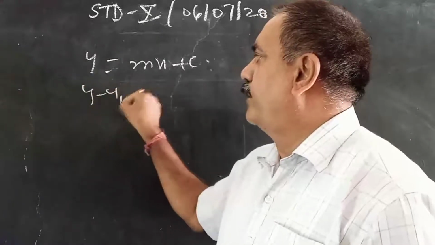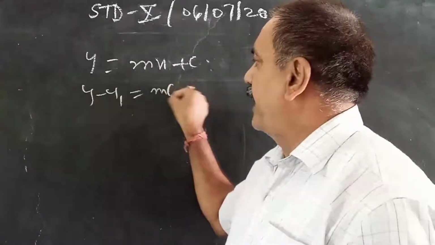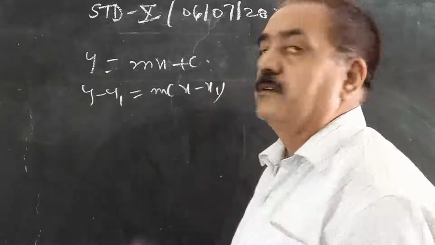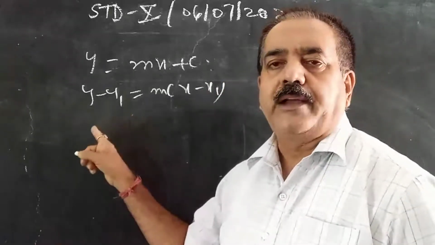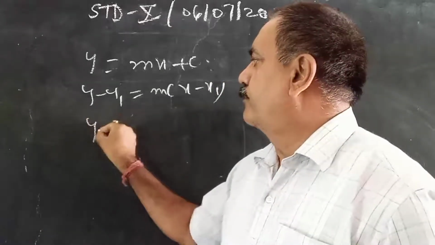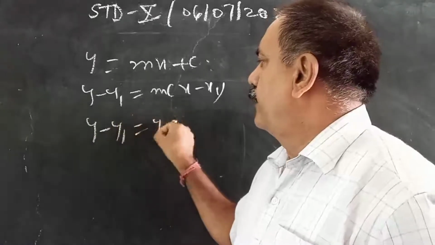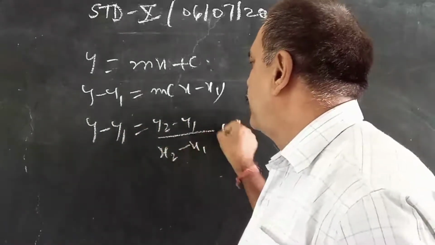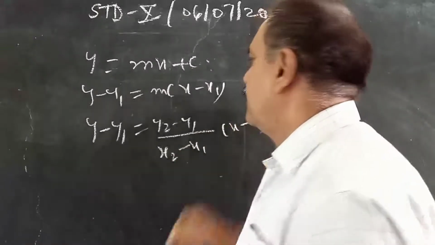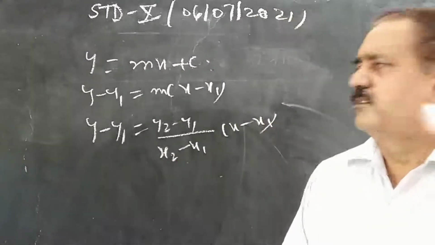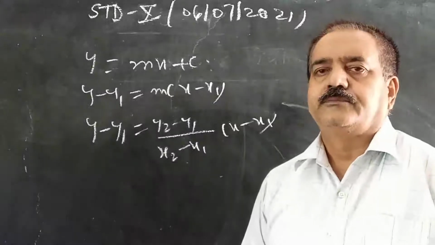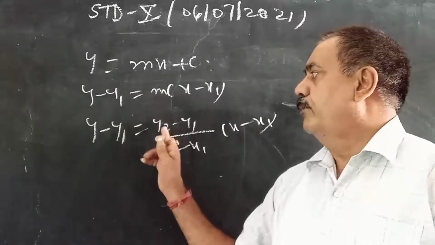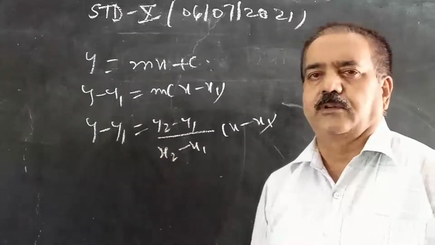Second, y minus y1 is equal to m times (x minus x1), the slope and point form. And the third form, y minus y1 is equal to (y2 minus y1) by (x2 minus x1) times (x minus x2). Actually, the second and third are the same, because we know m is equal to (y2 minus y1) by (x2 minus x1).